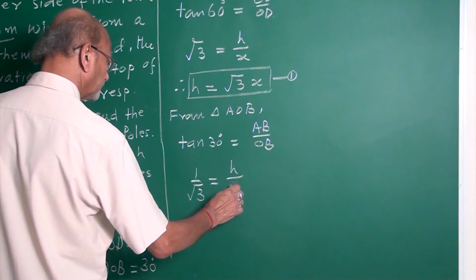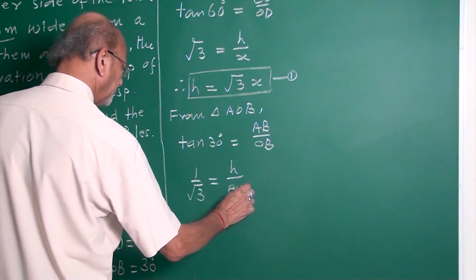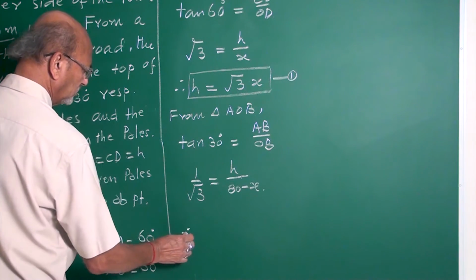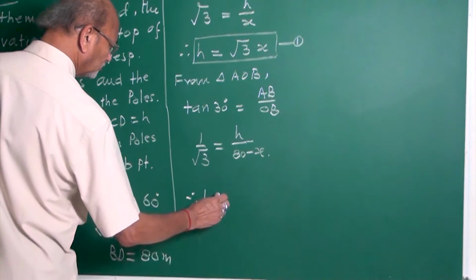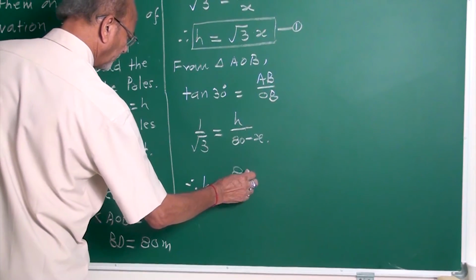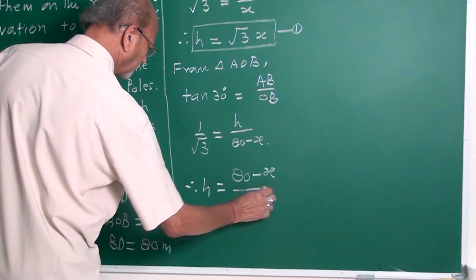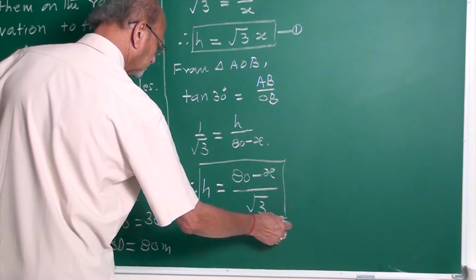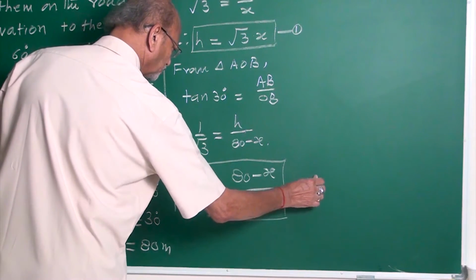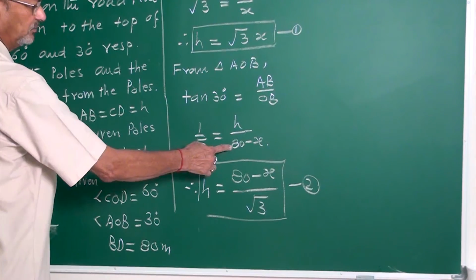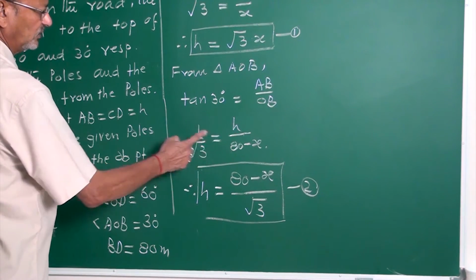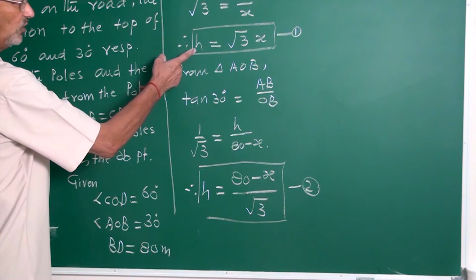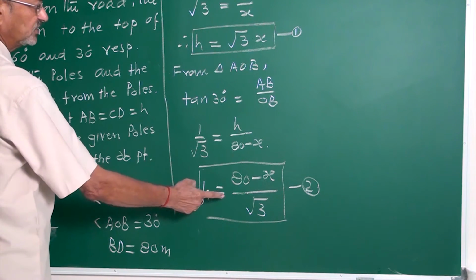AB is H, so H equals 80 minus x upon root 3. Name this as 2.